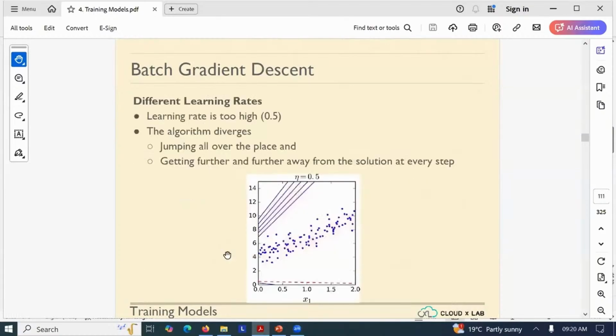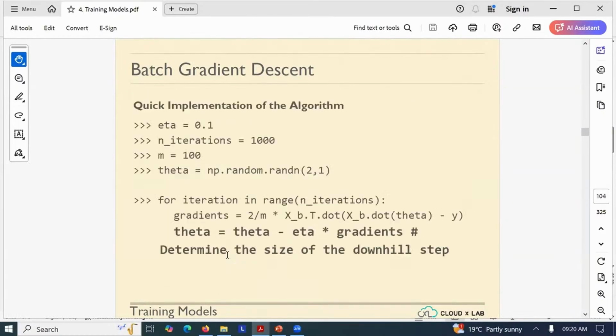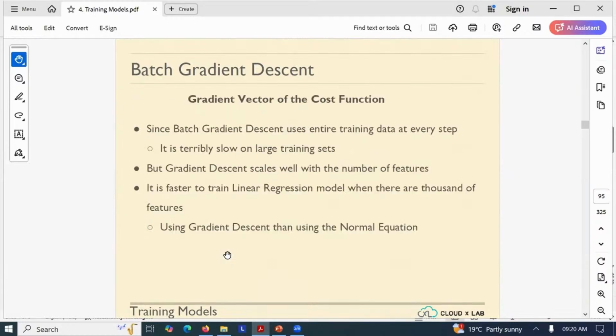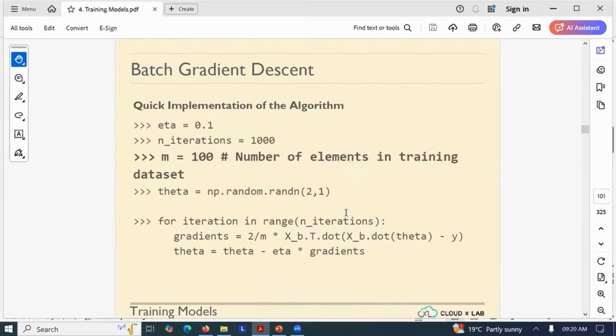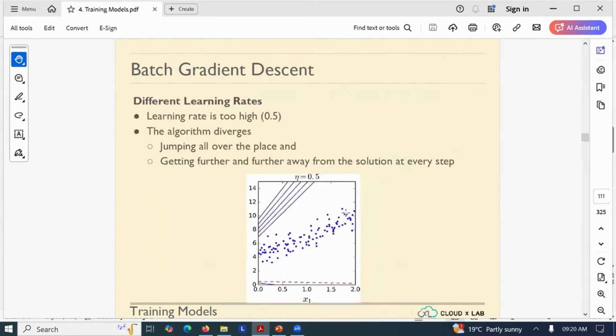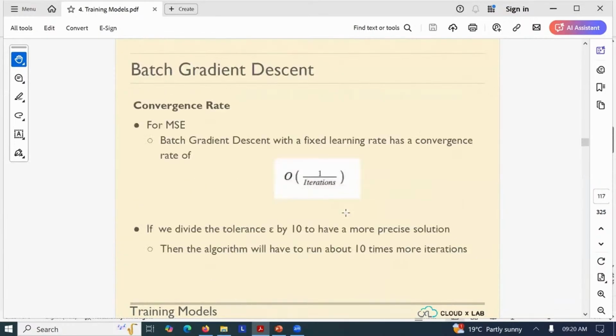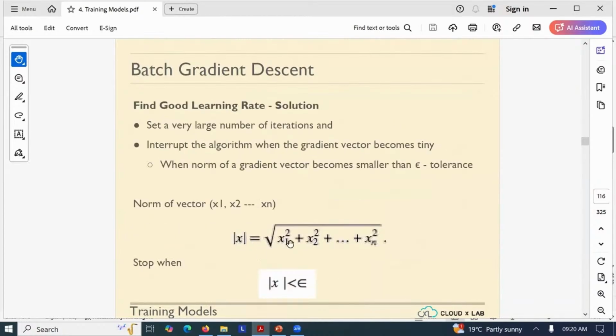Because in gradient descent, if the function has several unknowns, then we will have this vector. Gradient is a vector. So since we have a vector, we can calculate the norm of that vector. If the norm or the magnitude of that vector is less than epsilon, we will stop it, right?